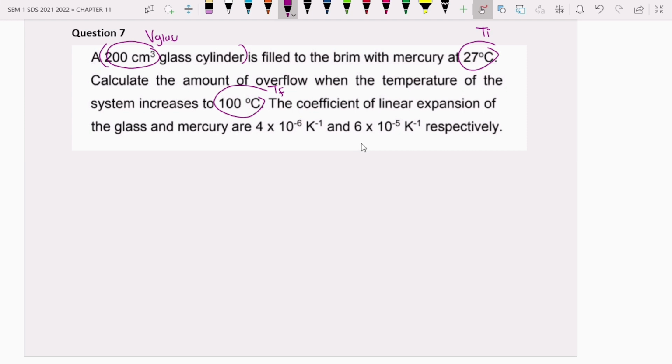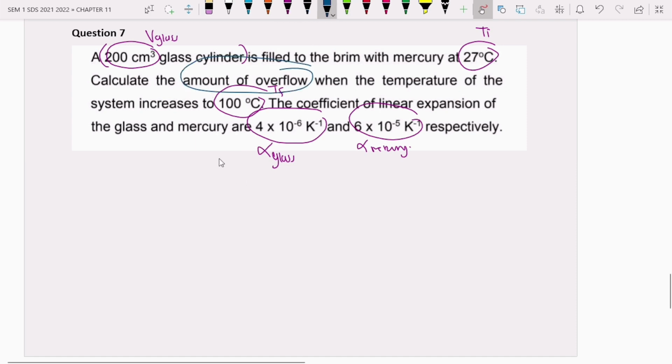The coefficients of linear expansion of the glass and mercury are 4 times 10 to the power of negative 6 per Kelvin and 6 times 10 to the power of negative 5 per Kelvin. So this is the coefficient of linear expansion of the glass, and this is the coefficient of linear expansion of mercury. To calculate the amount of overflow, we are going to calculate the change in volume.